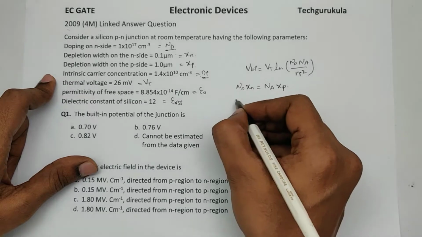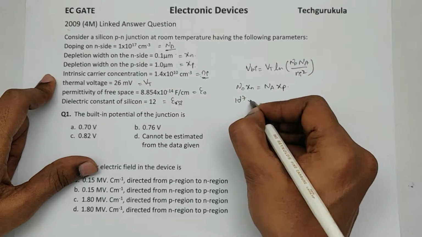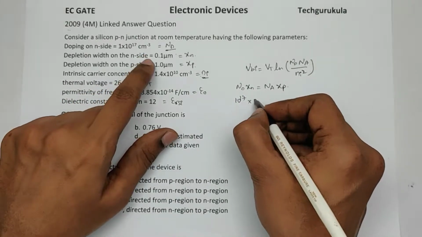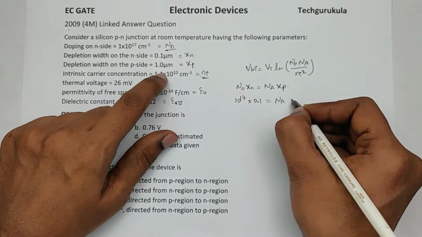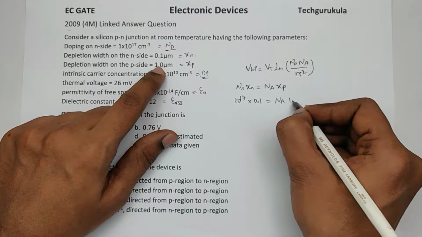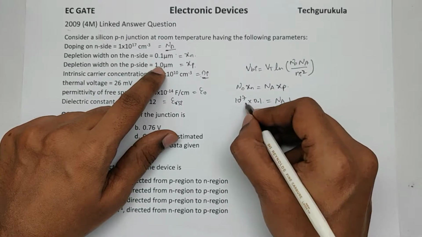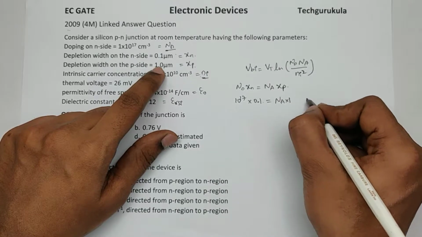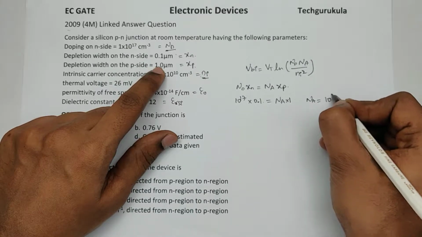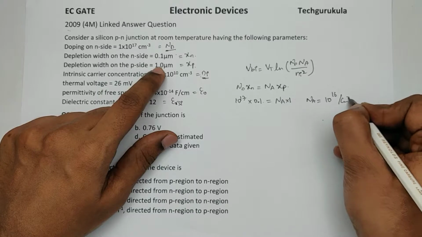Nd is 10 power 17 times Xn is 0.1 micrometers, whereas Na we don't know. Xp is 1 micrometer. Micrometer cancel, per centimeter cube. Then Na is equal to 10 power 16 per centimeter cube.